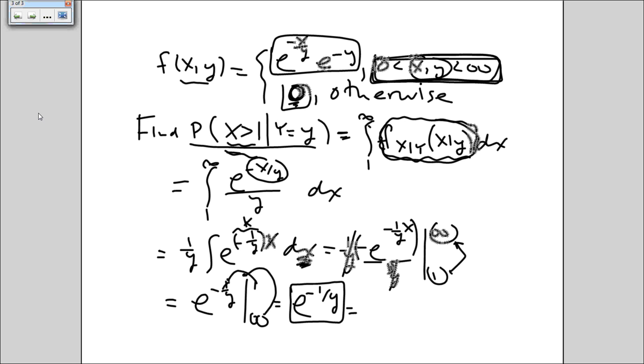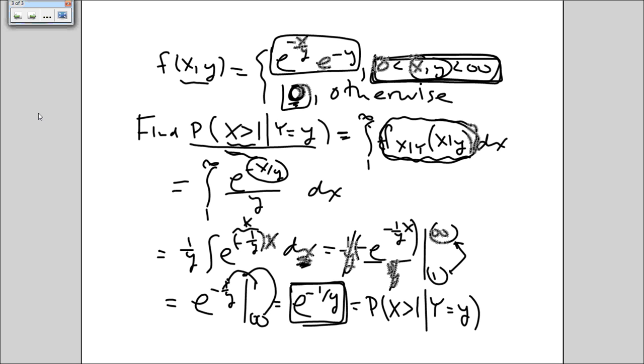So the probability, let me write it down here. The probability that x is bigger than 1, given that the random variable big Y is equal to some number bigger than 0.